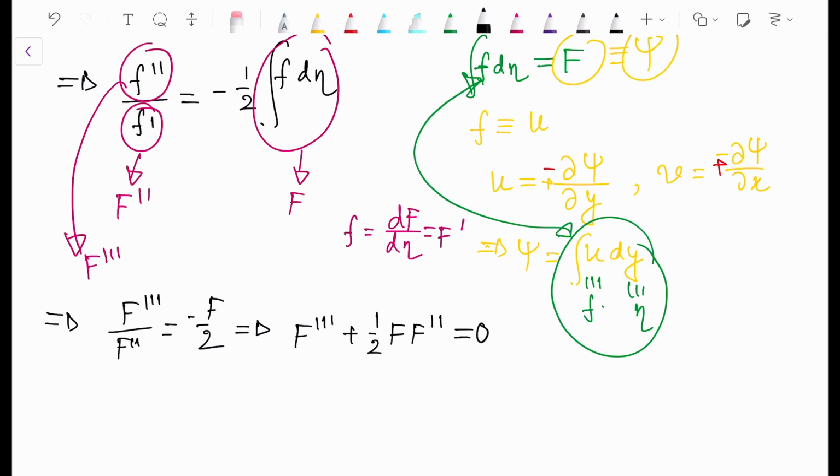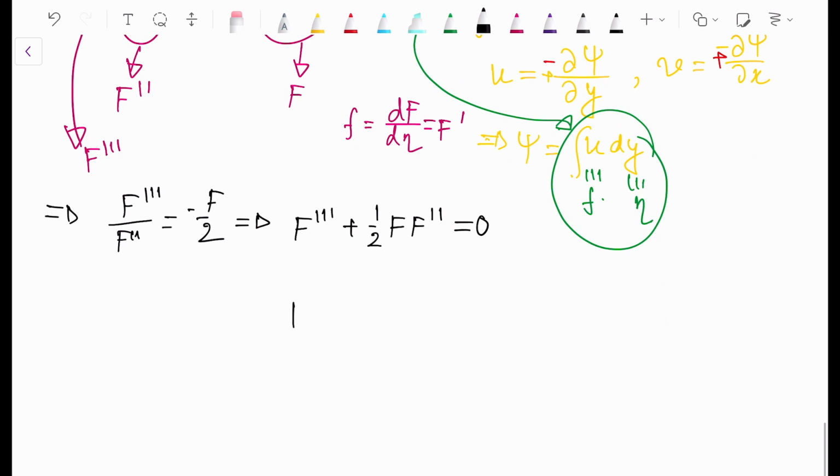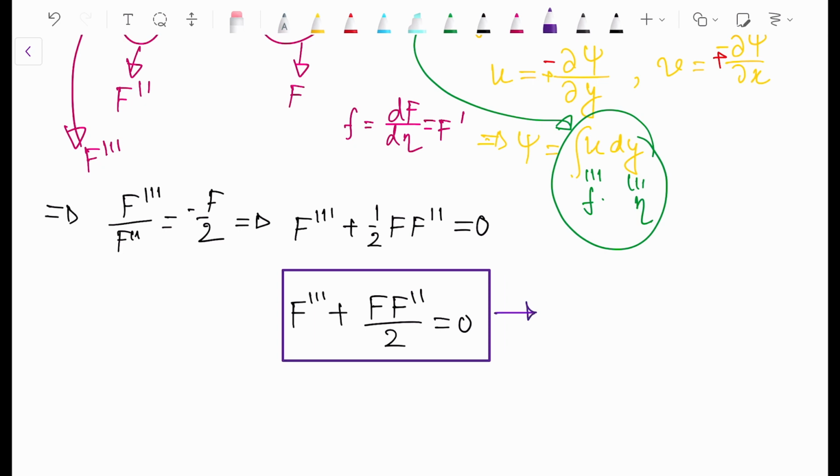So this is the celebrated Blasius equation. So let me write it separately. So this is the Blasius equation.